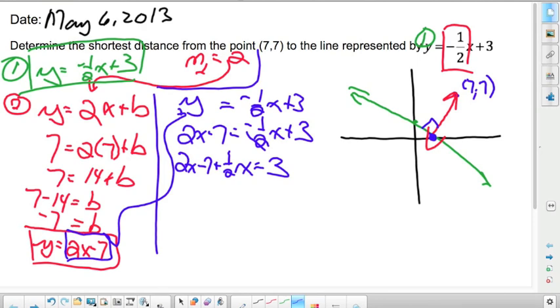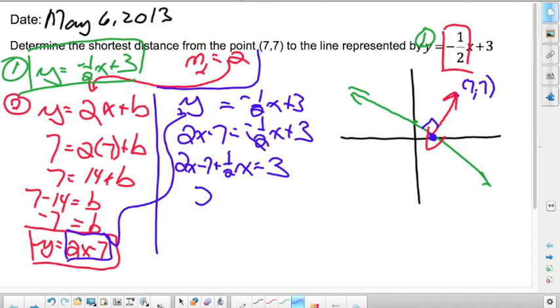So a little bit closer to just getting x's on one side. I got a negative 7 on the other side. So what do I want to do now? Don't move it. You add the 7 on the other side. Good, because some of you could have literally moved the negative 7, and you got 3 minus 7 on the other side. You can come up with the wrong answer.